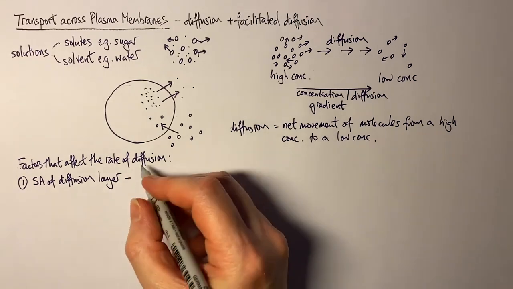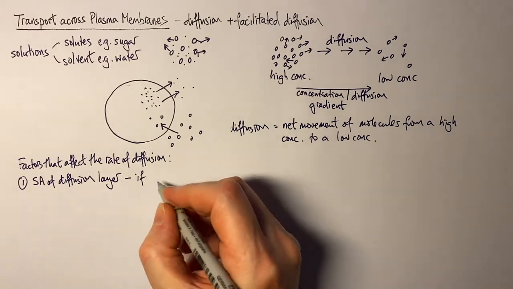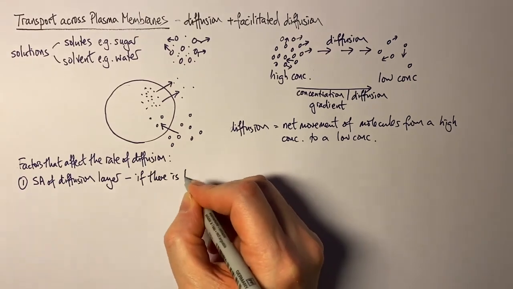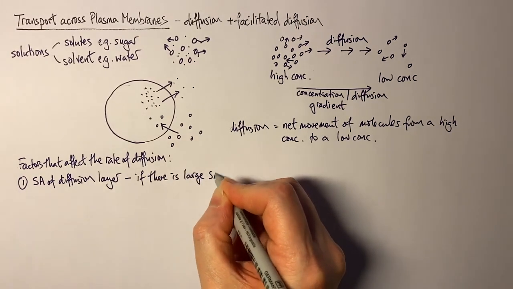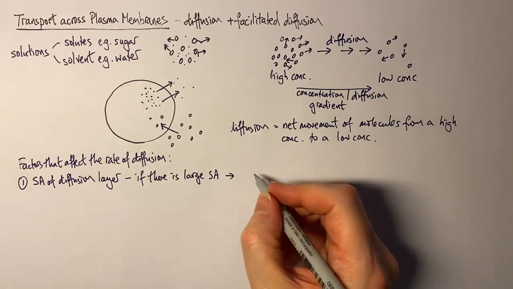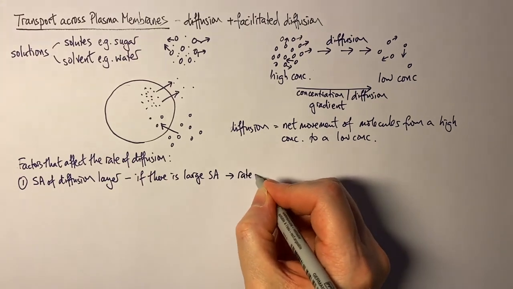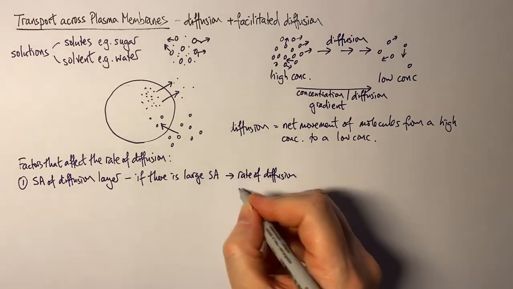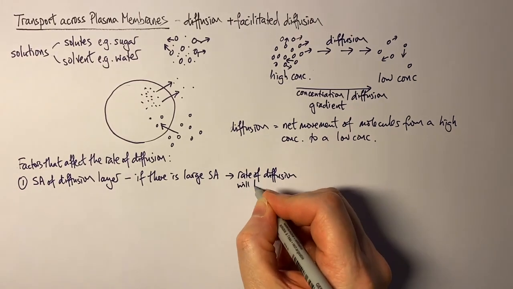Basically, if there is a large surface area, the rate of diffusion will be higher.